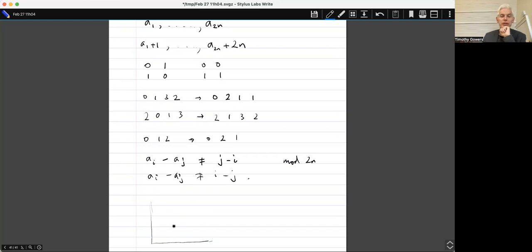If AI minus AJ equals I minus J, that's telling us that it crosses some line with gradient 1. Is this going to help? I don't know. Some line with gradient 1 contains 2 points.